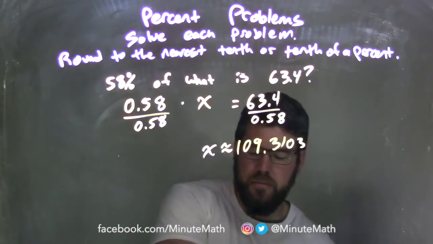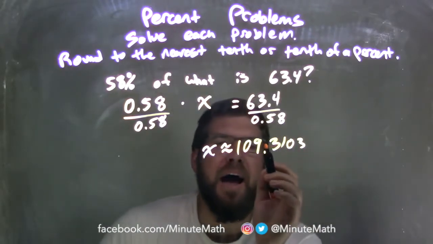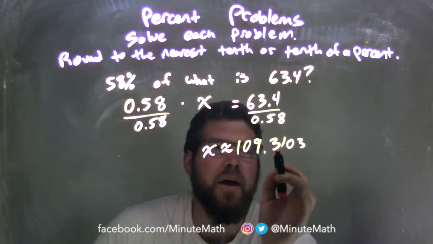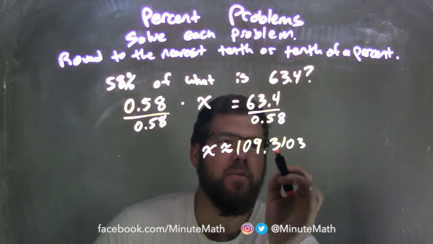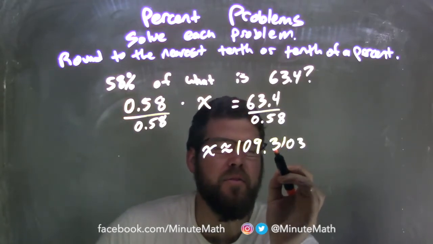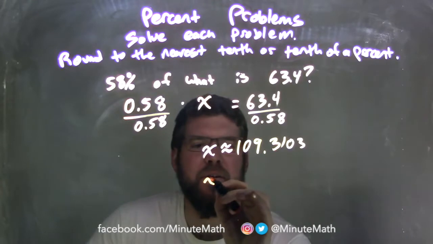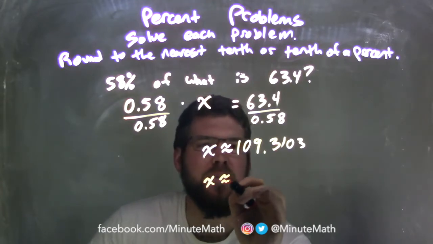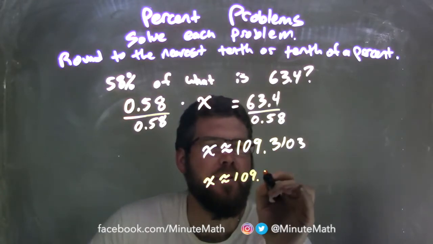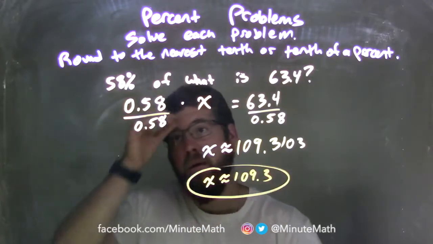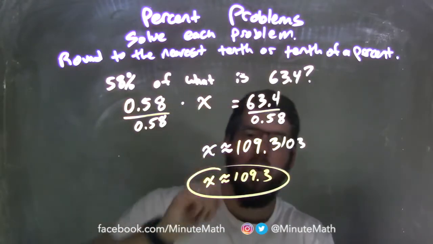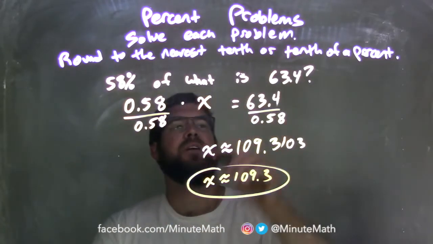Okay? So then from there, I need to find the rounding here. Look at the 3, look at the 1. 1 causes the 3 to stay the same. And so my final answer is approximately 109.3. Okay? So 58% of 109.3 is 63.4.